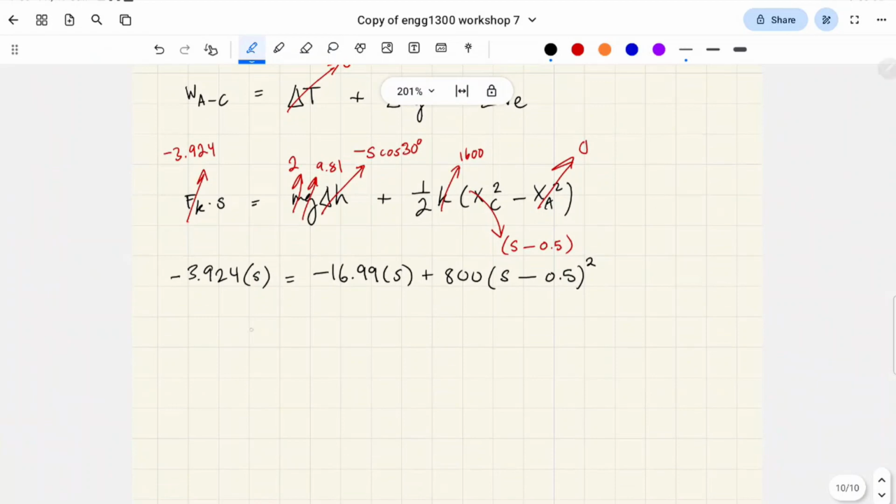Okay, this looks like the quadratic equation coming up, and so we're going to move everything to the right-hand side. I'm going to expand out this bracket.